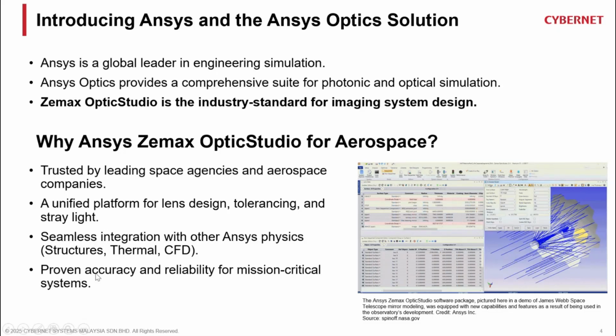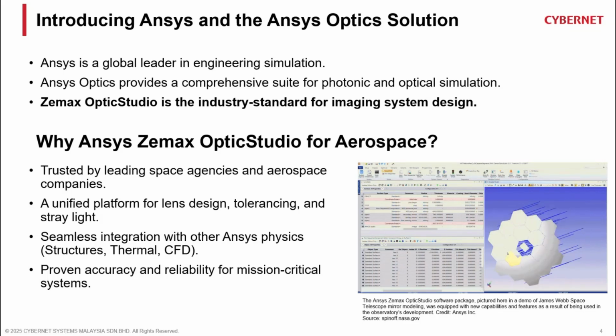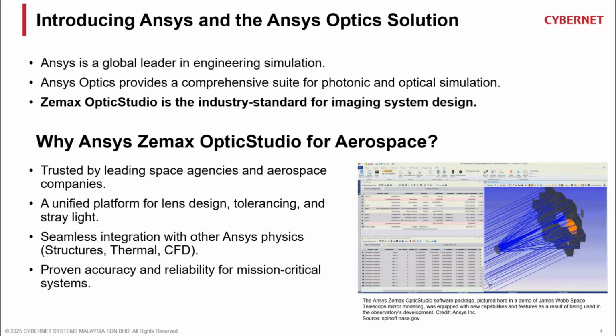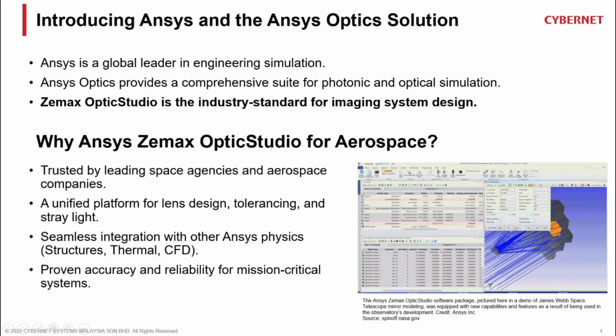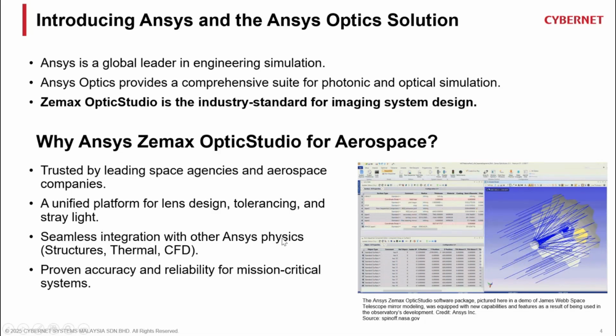And the last one is the proven accuracy and reliability for mission critical systems. On the right, this example is the James Webb Space Telescope, which NASA analyzed using OpticStudio, which is the cloud module, for their satellite design.